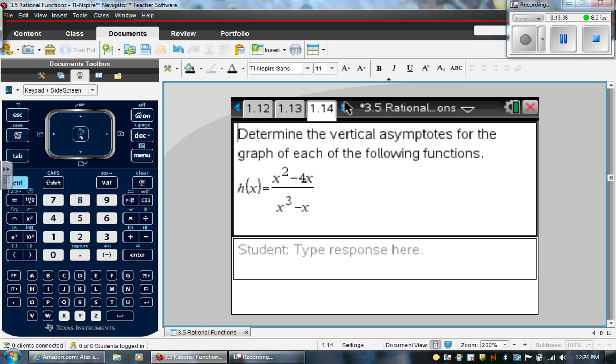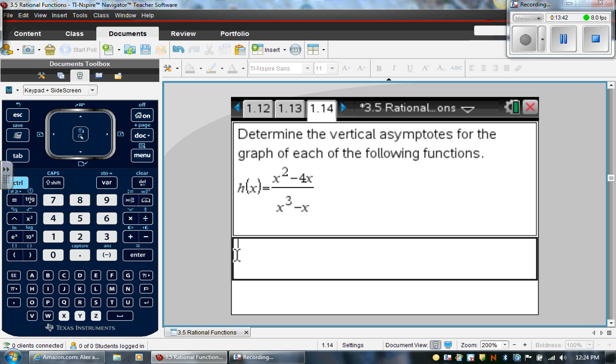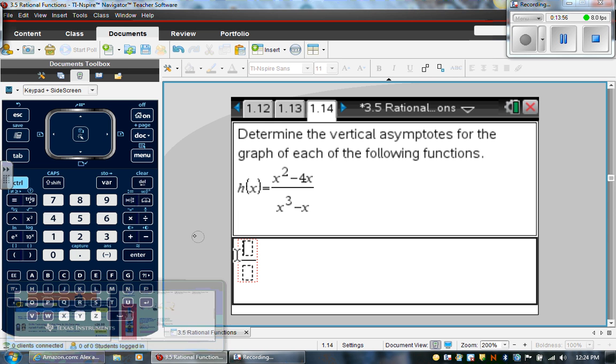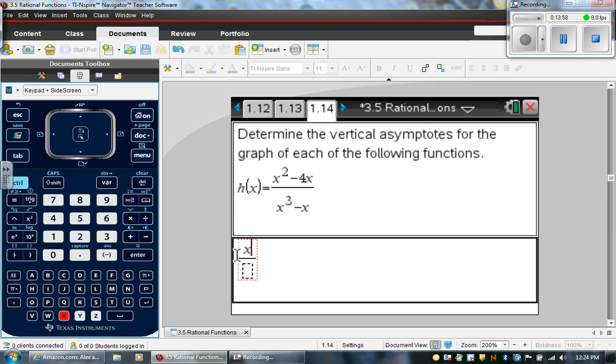All right, so for this next one, it's a little bit different. Okay, so again, we're going to factor everything that we can. So if we start in the numerator, we're going to pull out a factor of x. And we're going to have x minus 4.